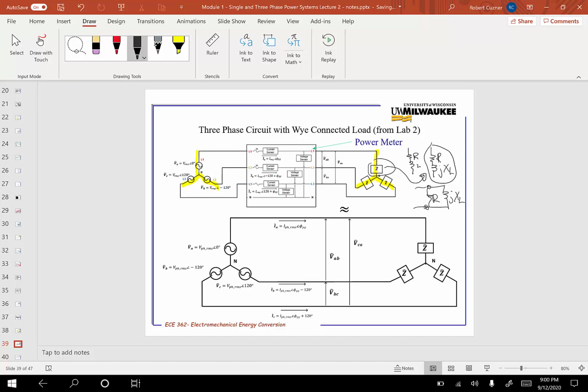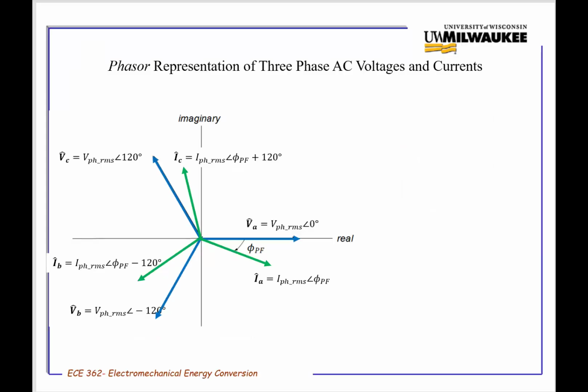If we look at the shape of these 3 voltage sources and the 3 loads, they look like an inverted Y. Well, that's recognizing that this configuration of the source and the load are referred to as Y configurations.